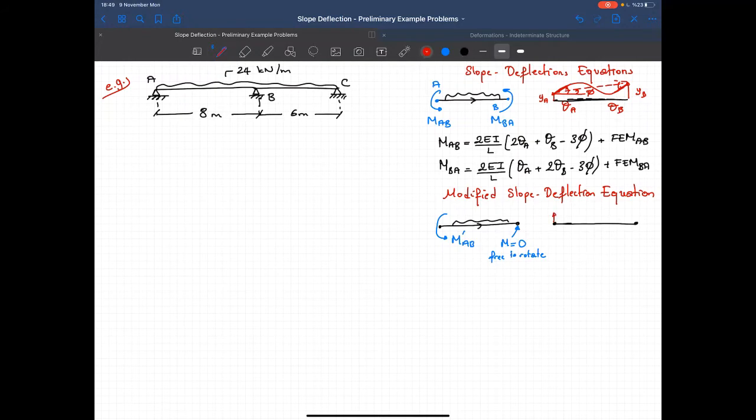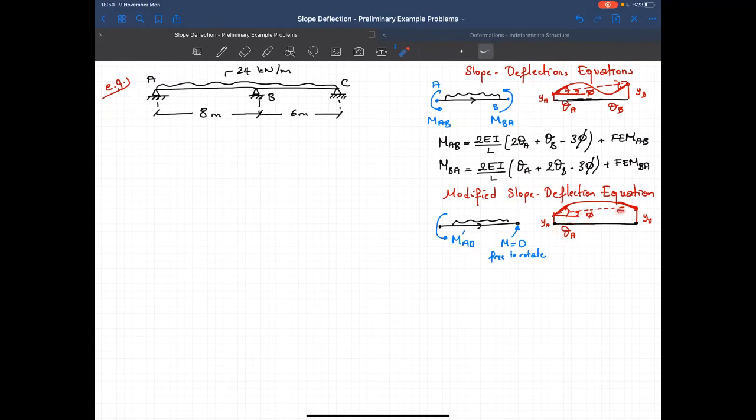So here again I have YA, I can have YB. These relative translations are defined by chord rotation, phi angle. I have theta A here, but the far end is free to rotate, so we will expect to see a deformed shape like that. So in that case, I have the phi angle and theta A as my unknown parameters, because remember that while deriving that equation, I use this information, moment is equal to 0, and this helps me to relate this moment with these two deformation parameters only.